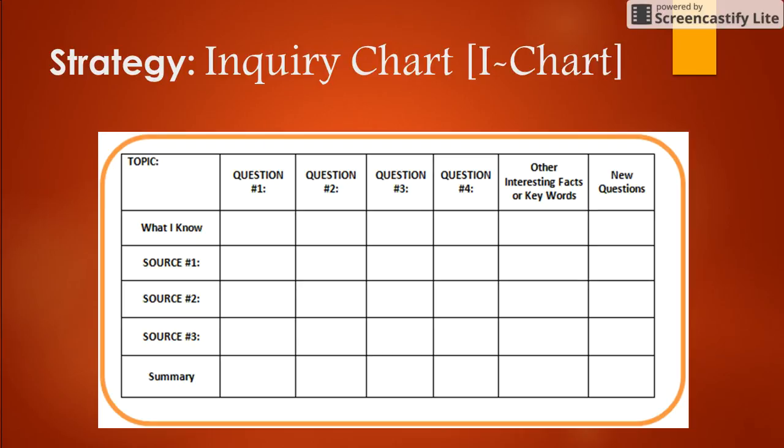And students will read a particular source and answer the 4 questions. And then they will read 2 other sources and fill in their answers. And then they are to compare and evaluate to see if the sources are credible and if they are saying the same things, or they need to find out if there's conflicting data, which would lead to more research and really finding out the truth of what they need to be looking at.